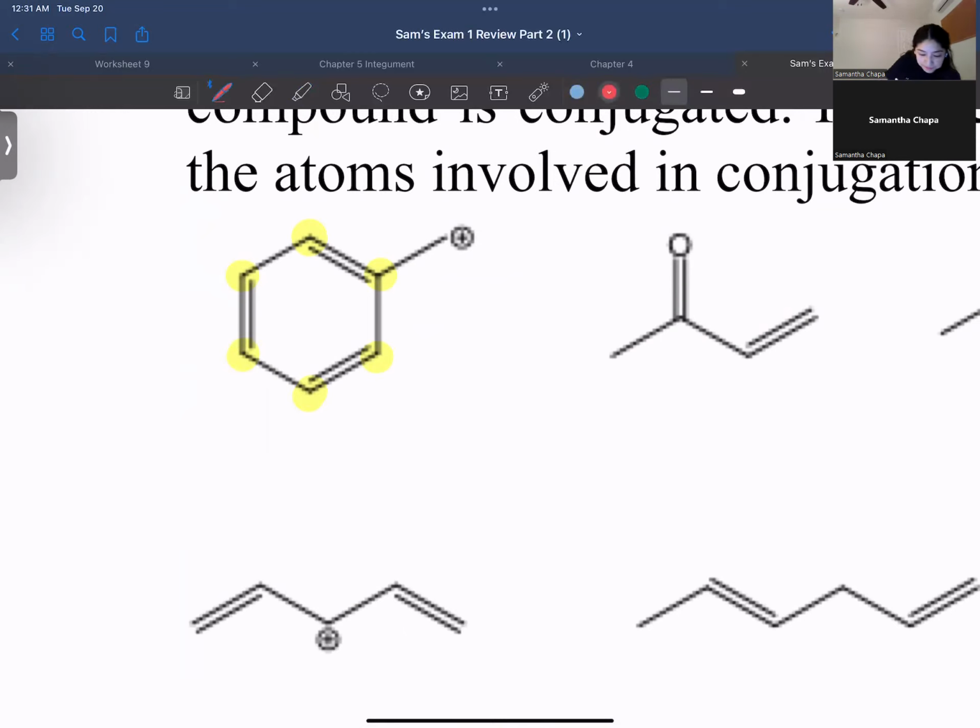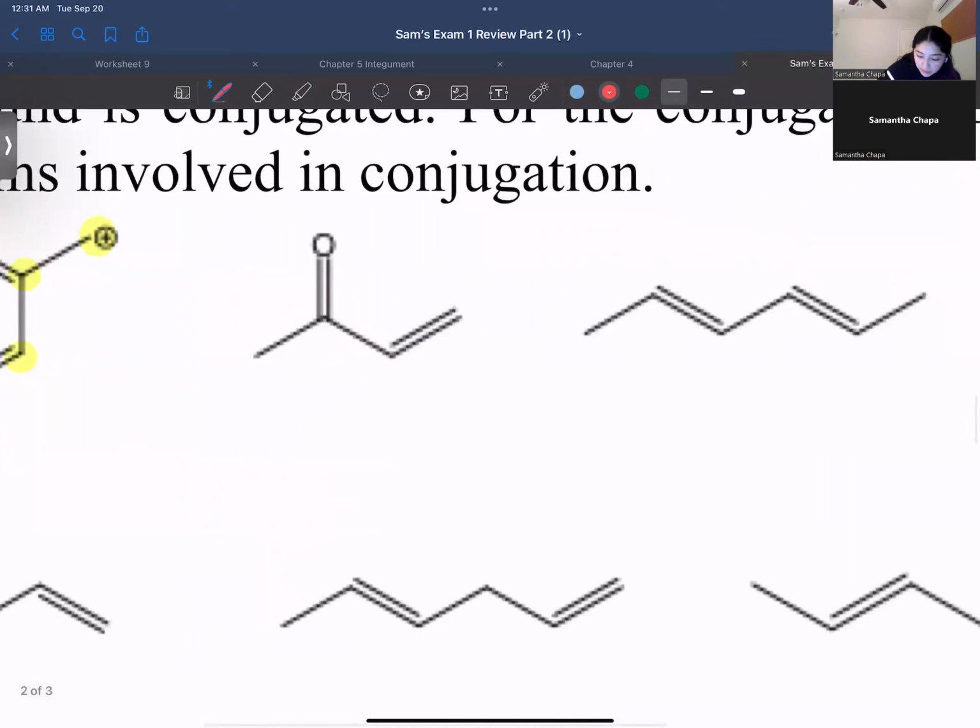And so side note, carbocations, carbanions, and radicals are also sp2. So then this carbanion that we have right here would also be considered sp2. So I'm going to label this one as conjugated. Then we go over here. One of the key things is pretty much knowing or labeling how many hydrogens you might have on a carbon bond.